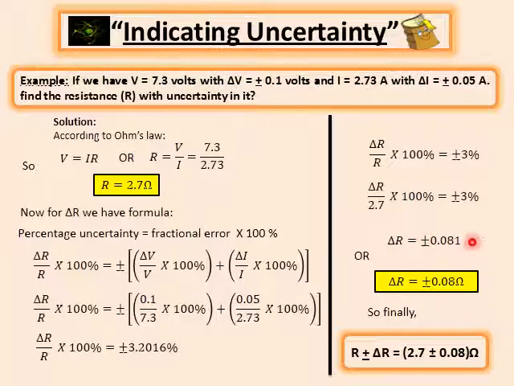After solving, ΔR is equal to ±0.081, and after rounding off, ΔR is equal to ±0.08 ohms. Finally we can represent the resistance with its uncertainty, R ± ΔR, as 2.7 ± 0.08 ohms.